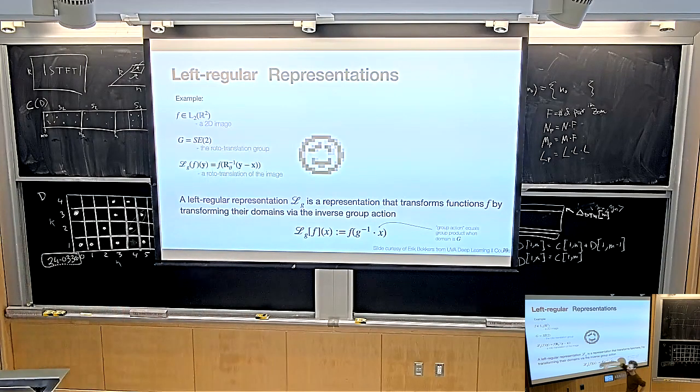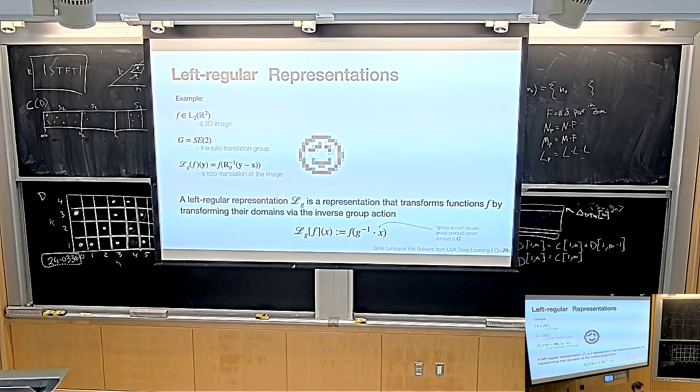So for instance, you can define a rotation function. It takes an image as input and gives you as output a rotated image. But it's good to note that images are themselves functions. You can, of course, parameterize them as samples, as an array. But fundamentally, the image is a function defined on R2. The way rotations or translations act on images is that they transform the coordinates that the image is defined on.